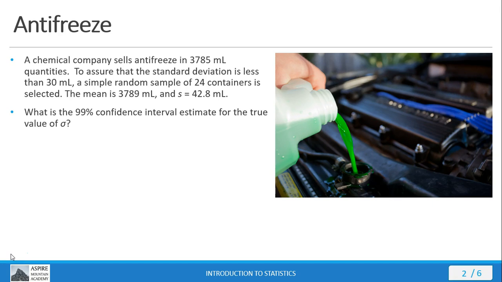Looking at this sample, we find that the mean volume of the antifreeze containers is 3,789 milliliters, and the standard deviation is 42.8. What is the 99% confidence interval estimate for the true value of the population standard deviation, which of course we want to be below 30?